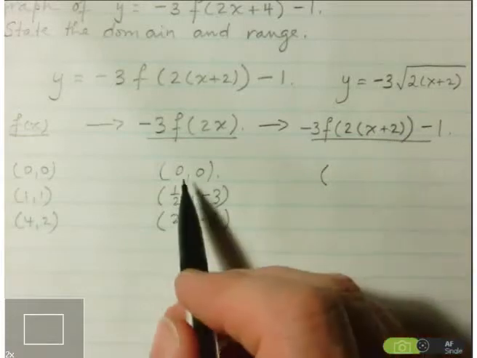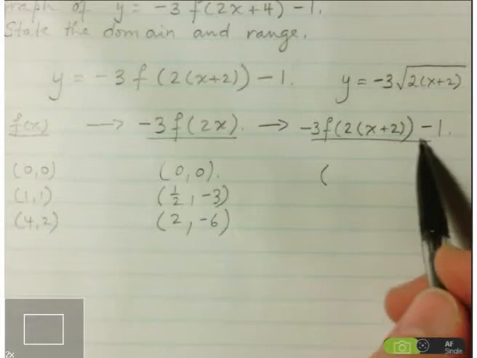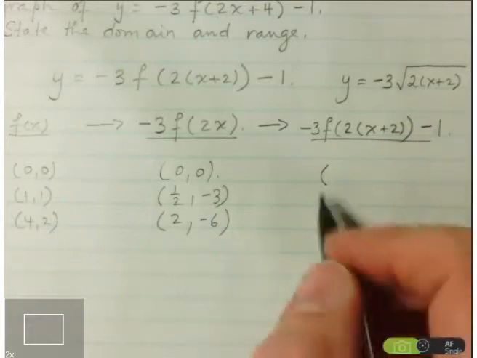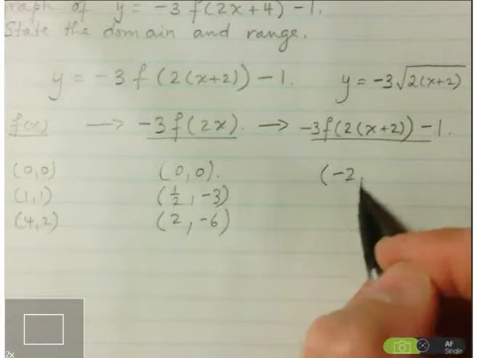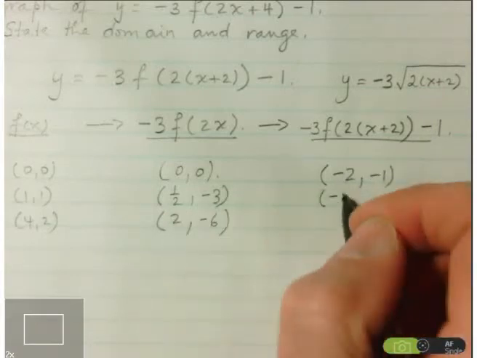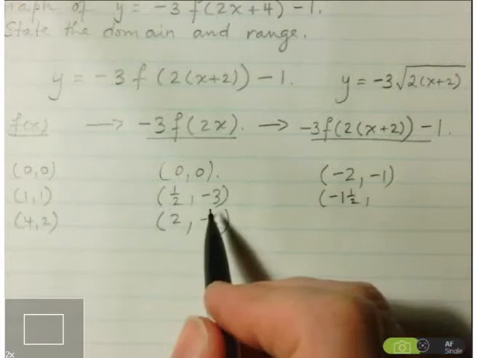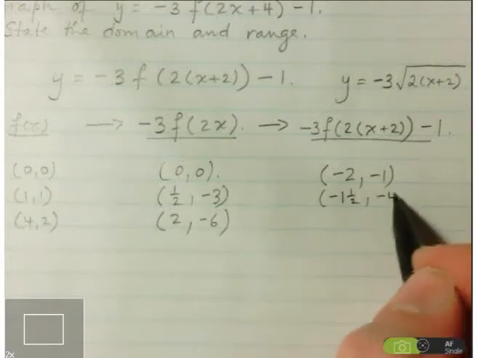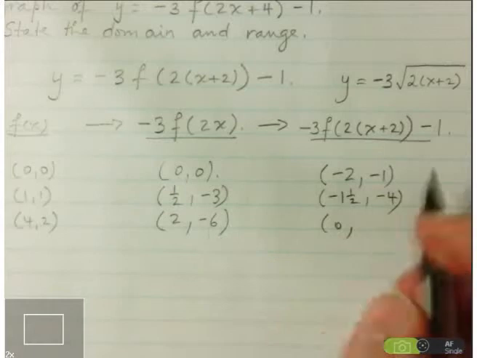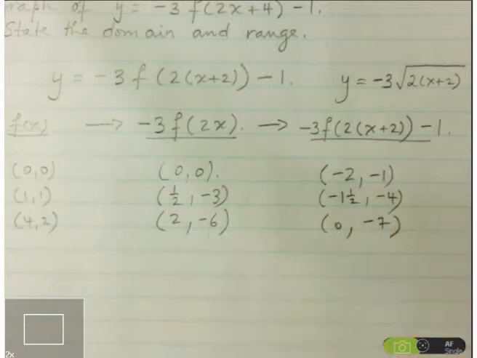So we're going to be subtracting 2 from the x value, and same operation for the vertical one, subtracting 1 from the y value. So this becomes -2, -1. Subtract 2 here, so that's -1.5, -4. And then subtract 2, so 0, and -6 minus 1 is -7.